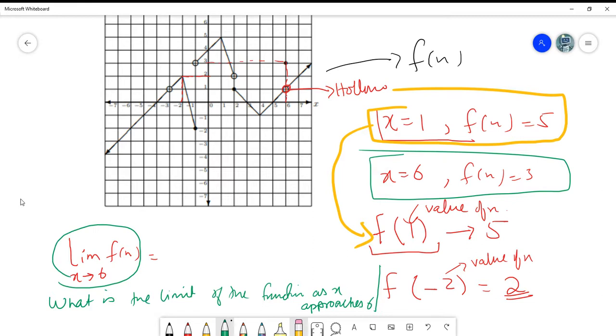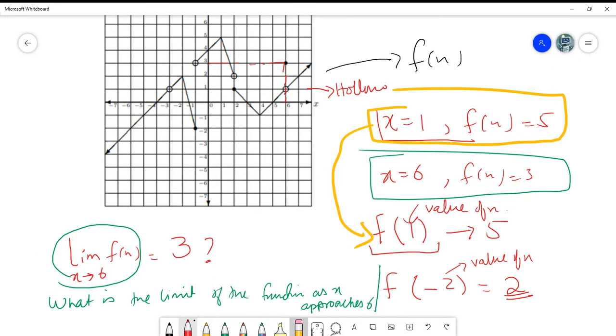Now, for a beginner, this would mean that, as x approaches 6, the value of f of x should be 3, as we just saw previously. So this should be 3.